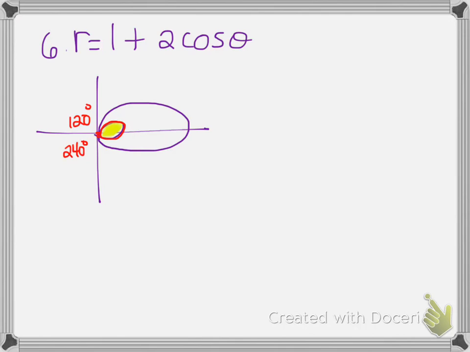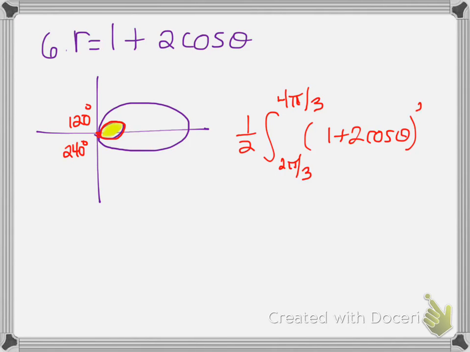So it's 2 times 60. 60 is pi over 3, so it's 2 pi over 3. And then 240, well, that's 4 times 60, so that would be 4 pi over 3. And then what do y'all get for the final answer?